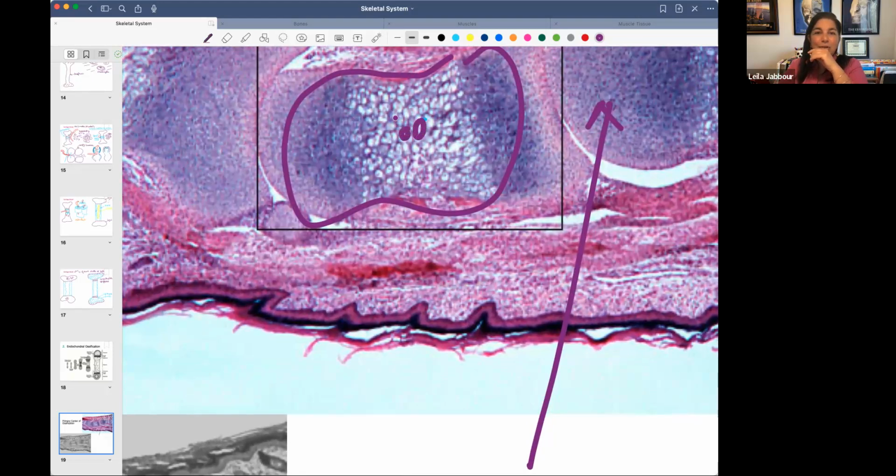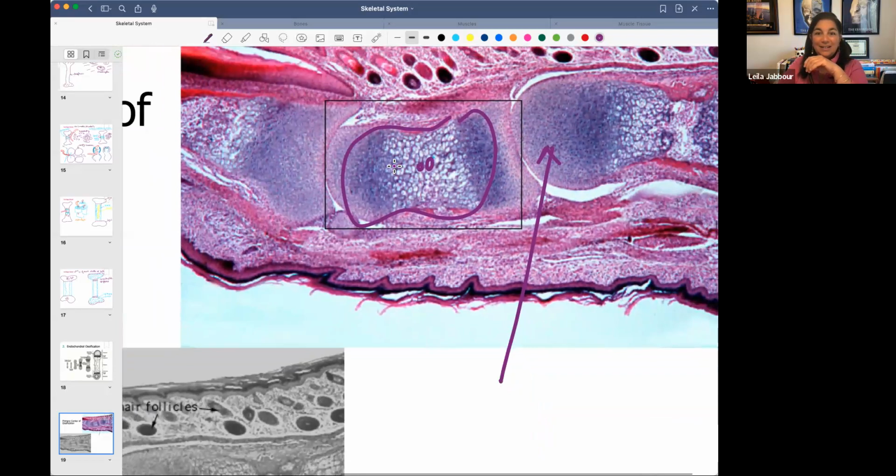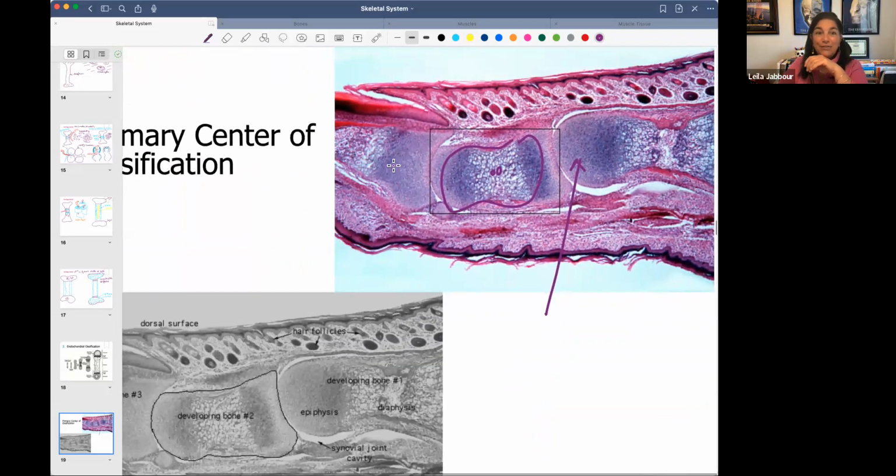These lacunae are so big. Here they're normally much smaller, and it's very purple because the matrix is very thick. But here the lacunae are so wide that the matrix just becomes this thin purple line in between the lacunae. So the center looks whitish, because that's the primary center of ossification right there.